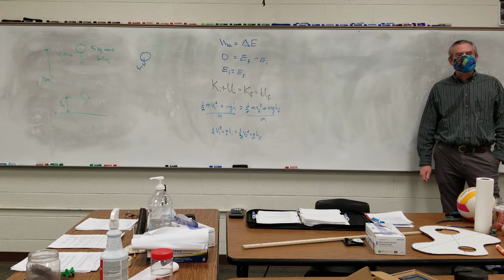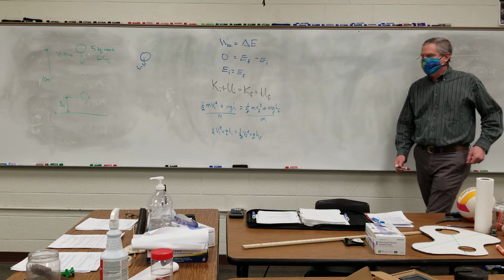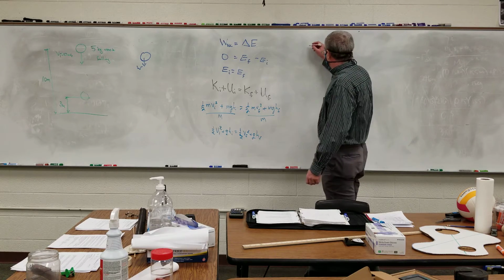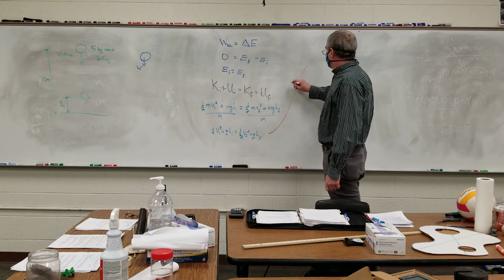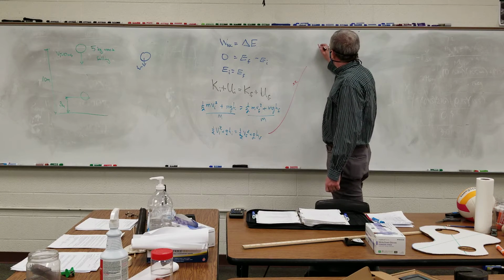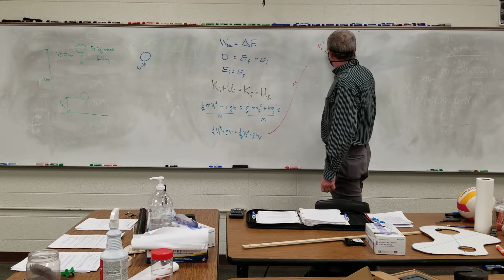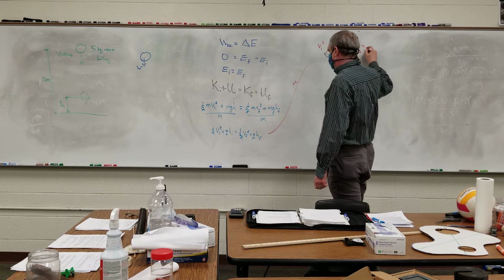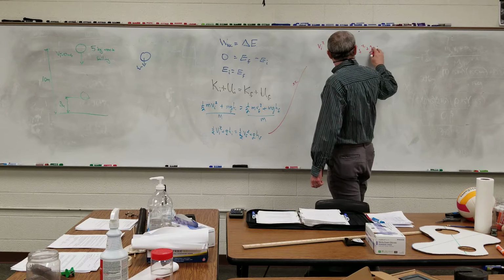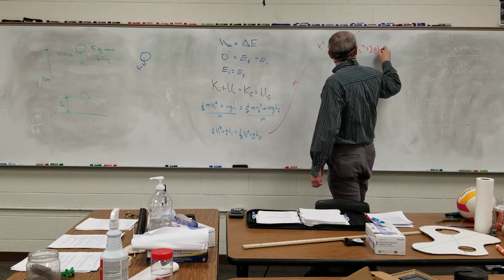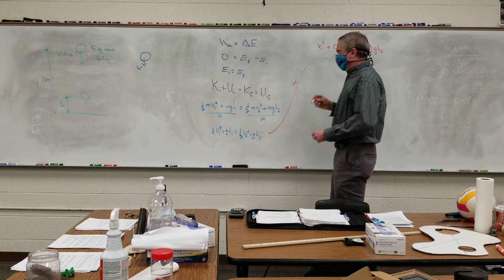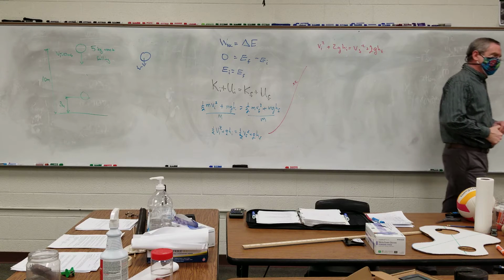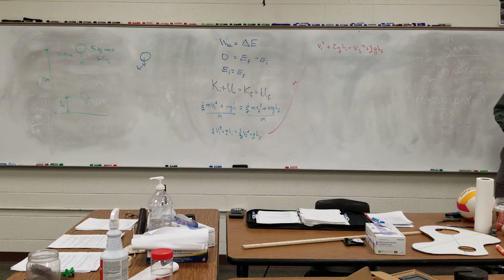Oh, you want to multiply by 2? You get rid of it? Okay. So if we multiply both sides by 2, we get v_i squared plus 2 g h_i equals v_f squared plus 2 g h_f. Nothing wrong with that, just so long as you multiply everything by 2, don't just get rid of the halves.